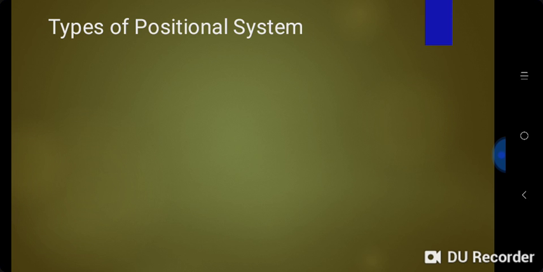So the positional number systems differ by the bases that we use. I have here only 4 because this is the most common bases that we use to compute positional systems.